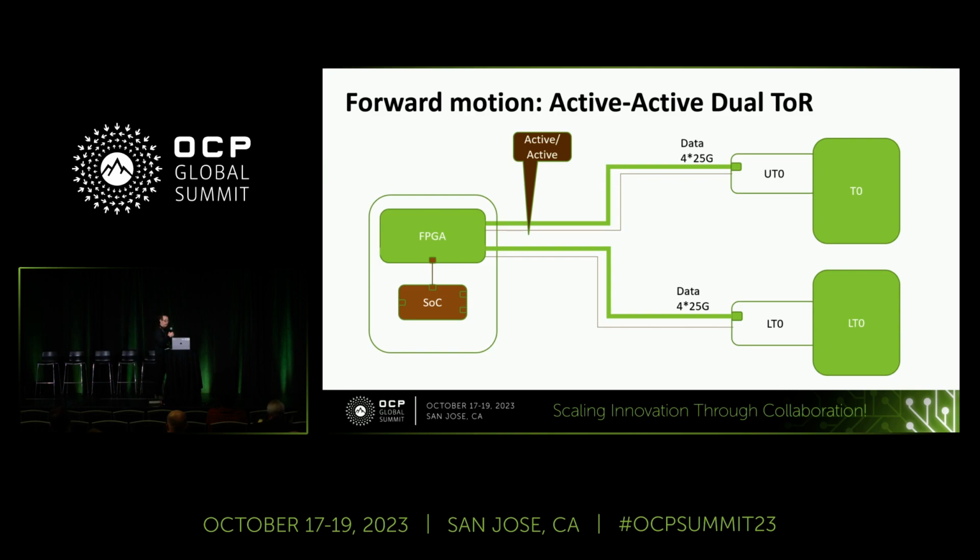There is one more complexity that comes with this: we are using dark cables for both links, basically. So we don't have the I2C bus like we do with the active standby topology anymore.